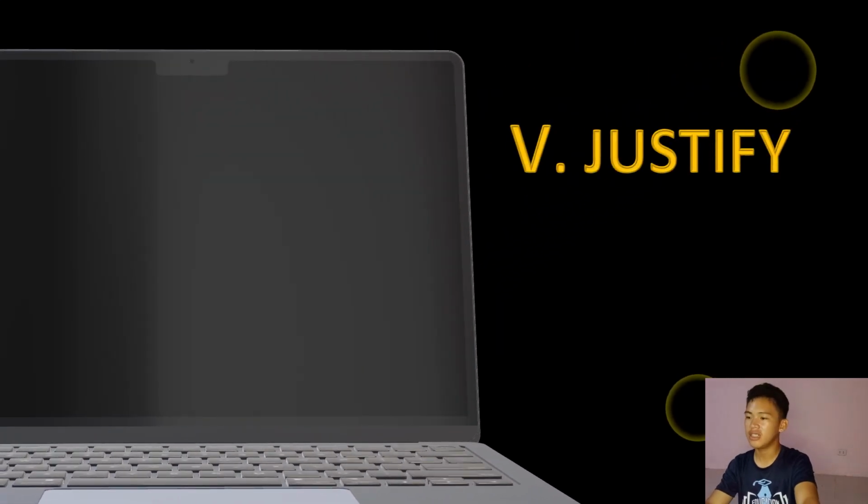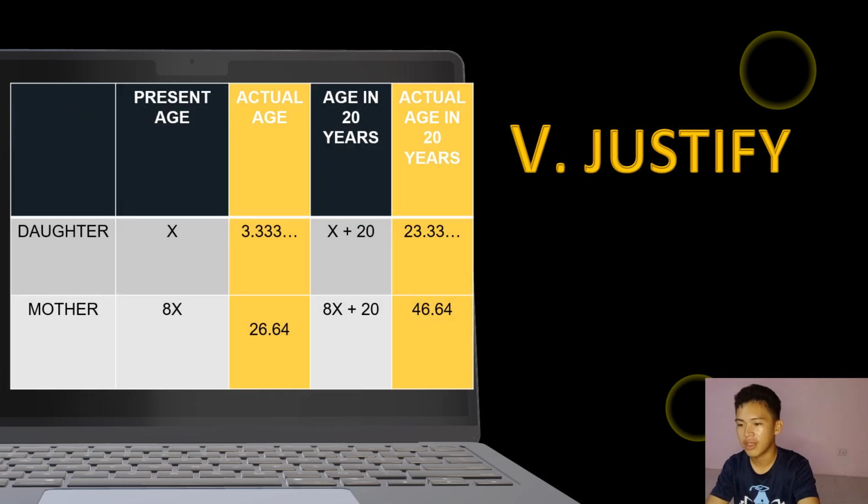The step is justify. So let's prove if this equation that we use is correct or not. So the daughter's present age would be x and the mother's present age would be 8x. Our actual age of the daughter is 3.333 something. So 3.33 and something times 8 would be 26.64.